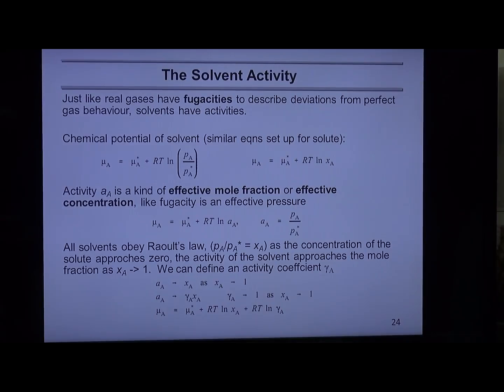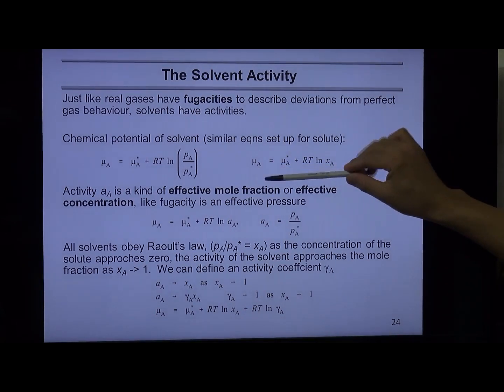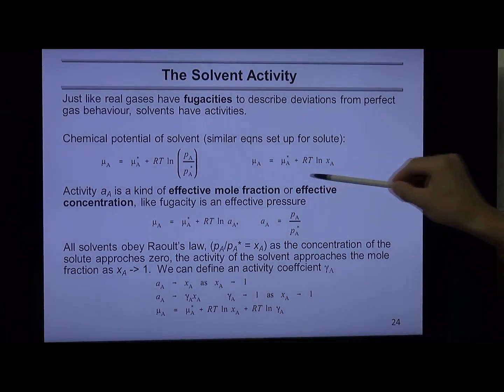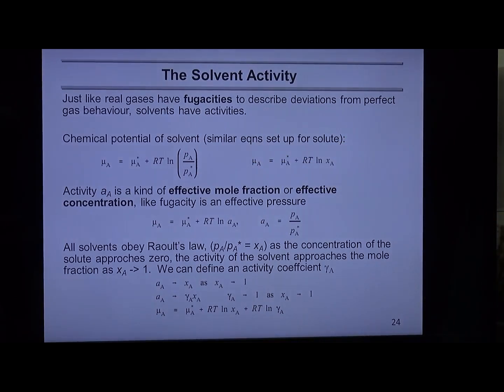And how about for a real solution? Real solutions would have a totally different equation or totally different behavior compared to an ideal solution, right? But what if you want to use the same very simple equation to describe the behavior of a real solution?